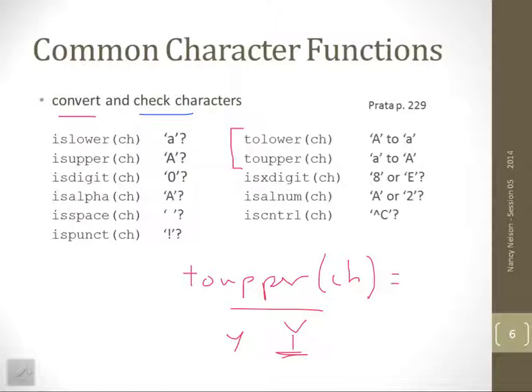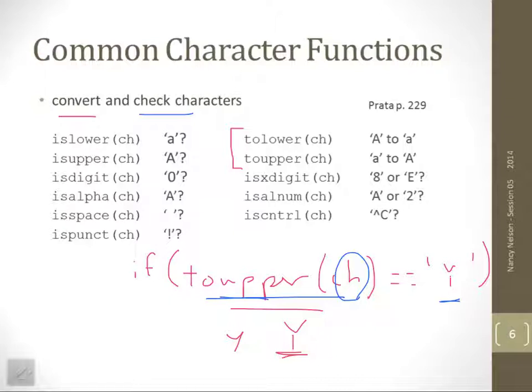Then I can say, is it equal to the uppercase letter Y? So whatever the user enters, it's converted to an uppercase letter, and then I compare it to a capital Y. So I no longer have to say if it's equal to a lowercase y or it's equal to an uppercase Y, do such and such. I can do that all in one check now.